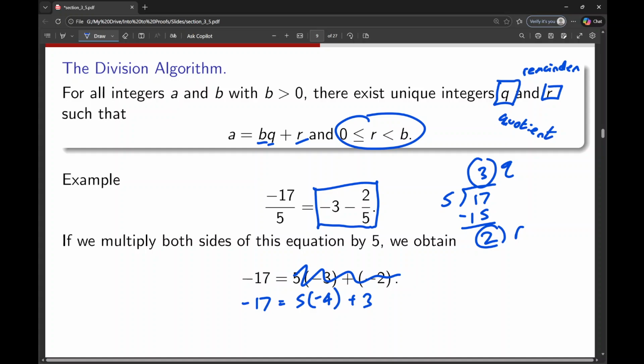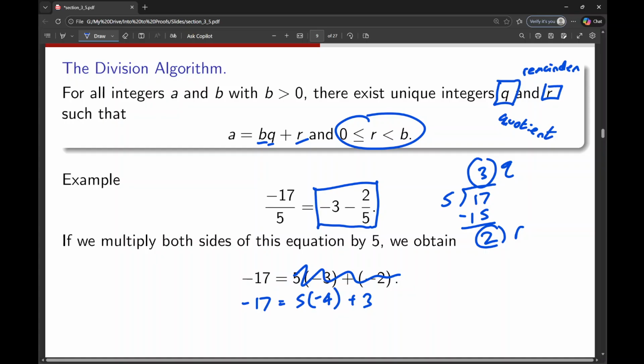Because -20, and then plus 3. This often gets students, because it is different from what you're used to, but by requiring the remainder to always be positive, we make some other things we're going to do later on much easier. So for negative numbers, just know to go one further with the quotient so that your remainder is positive.